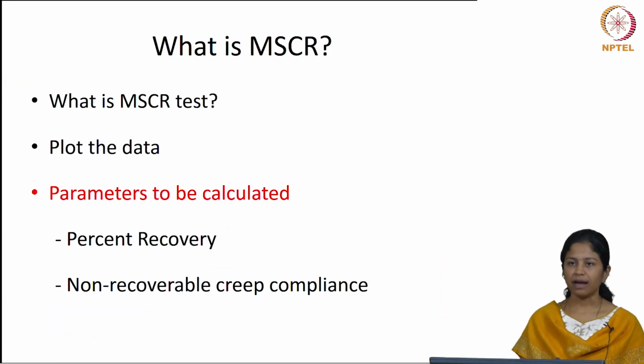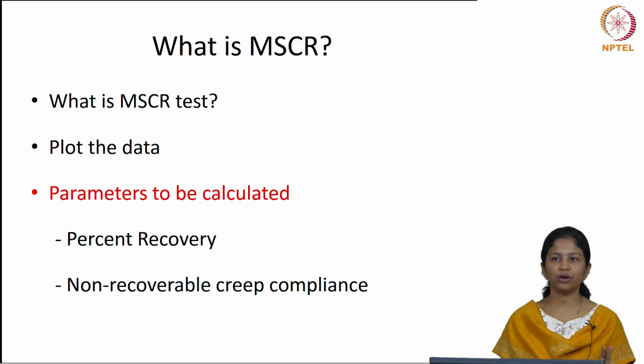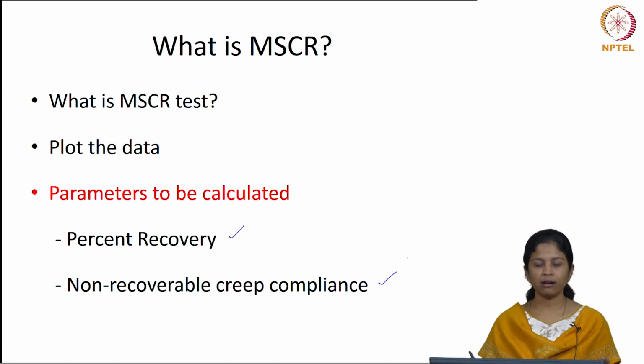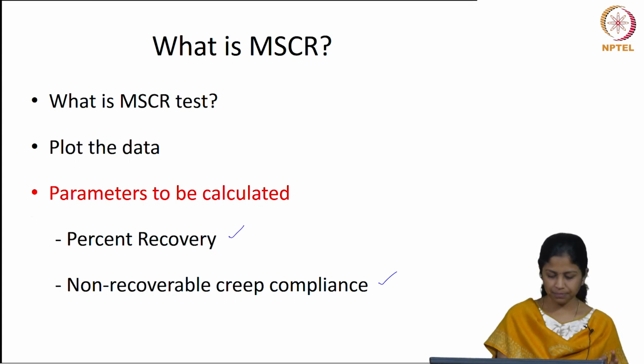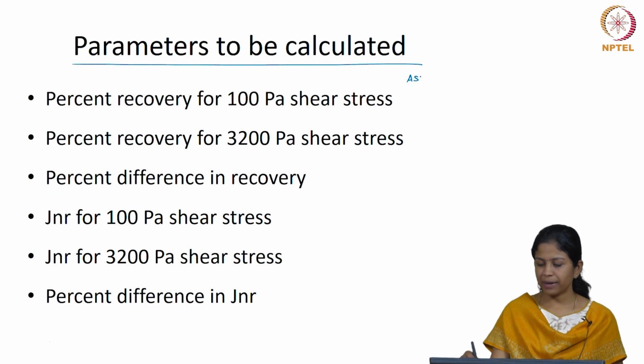Next, we start calculating some parameters using this particular data. So, the 2 parameters which we are going to see here are percentage recovery and non-recoverable creep compliance. Now, these are the parameters to be calculated based on the specification provided in ASTM D7405.